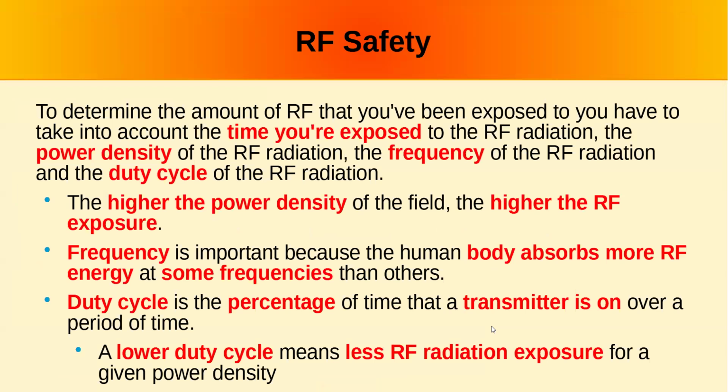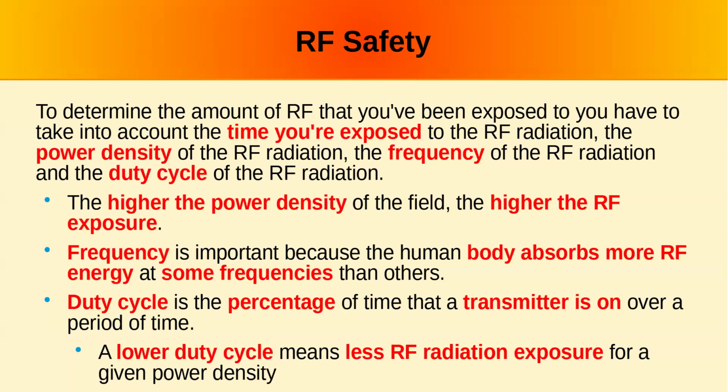Let's see. Basically, the way they determine your exposure is to look at the power density, the frequency, and the duty cycle. So there's online calculators that you can use to figure out what the exposure limits are. It tells you how far away you have to be at the maximum level.